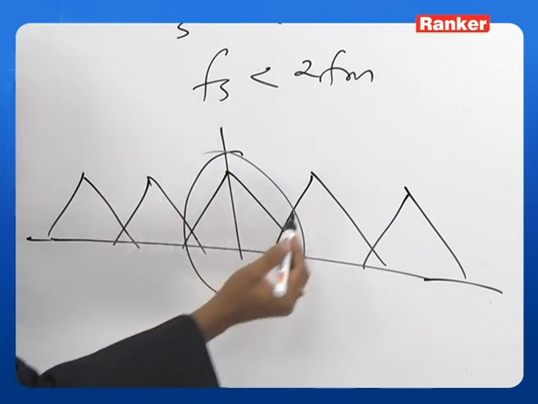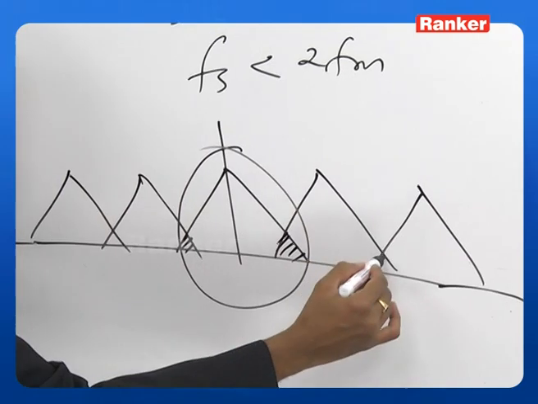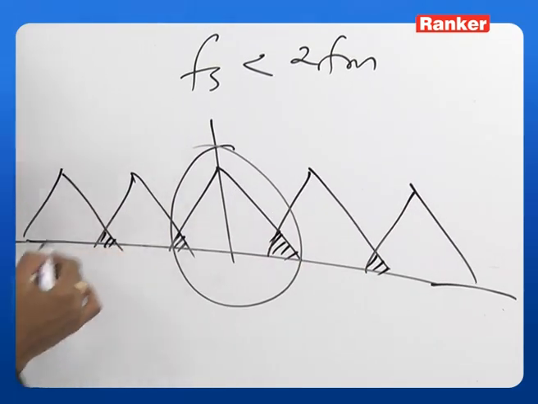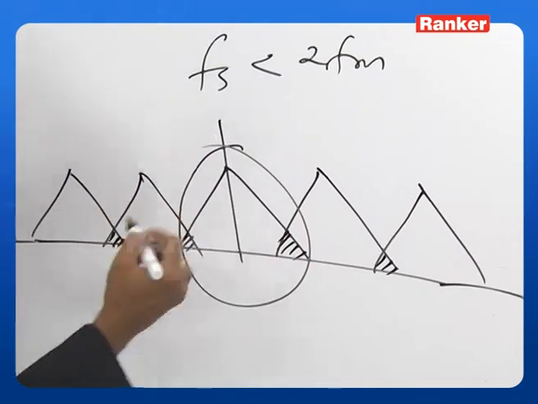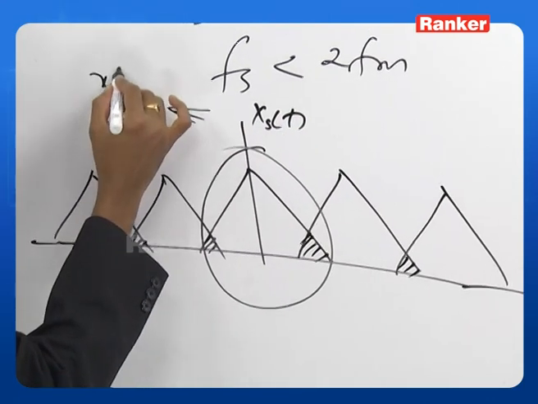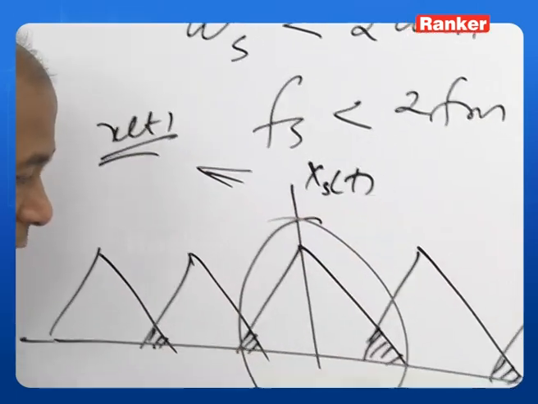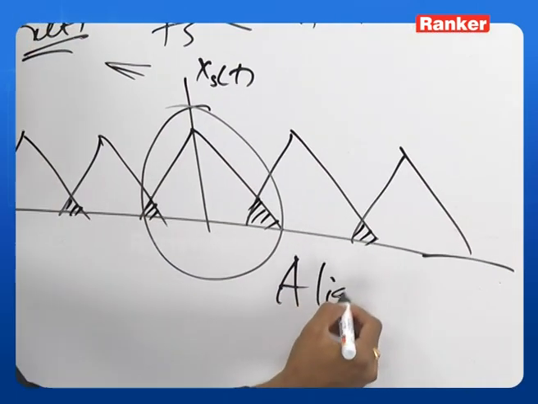I can't retrieve because there is an overlapping that is happening here. Here also there is overlapping. So, retrieval of the signal, this is x_s of t, let us say. I cannot get my x of t because of this overlapping. This is called the aliasing effect.